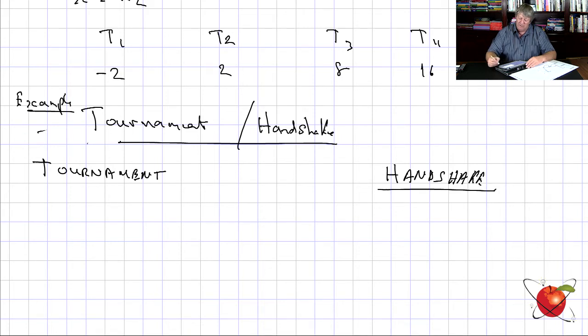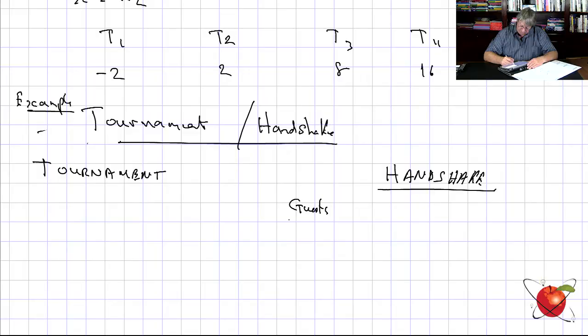At a function, you can have two people. So we say, how many guests? If there are 2, 3, 4, and 5 guests, how many handshakes? Work it out.